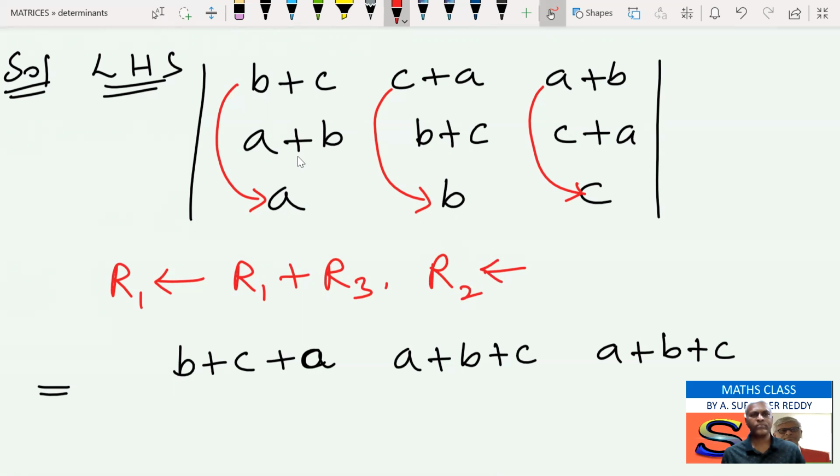R2 minus R3. So we are subtracting R2 minus R3.